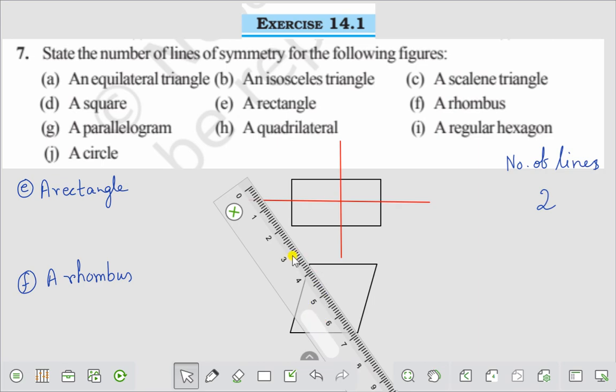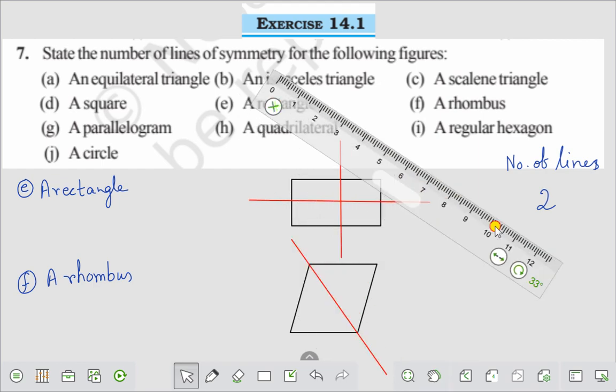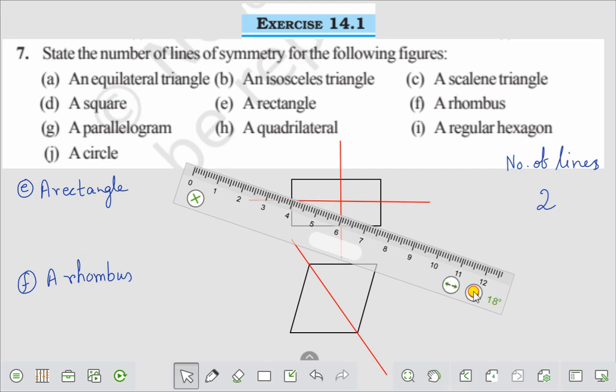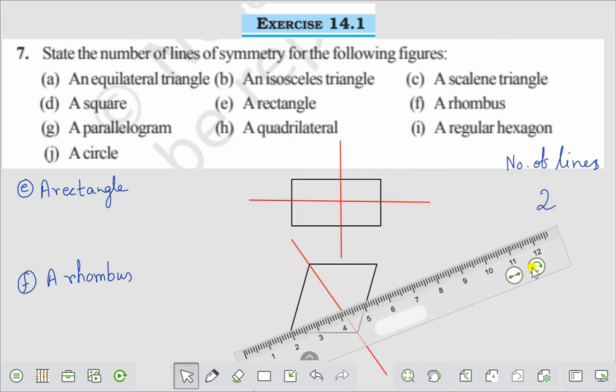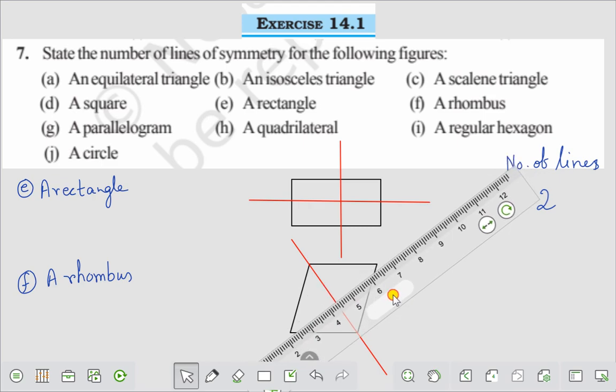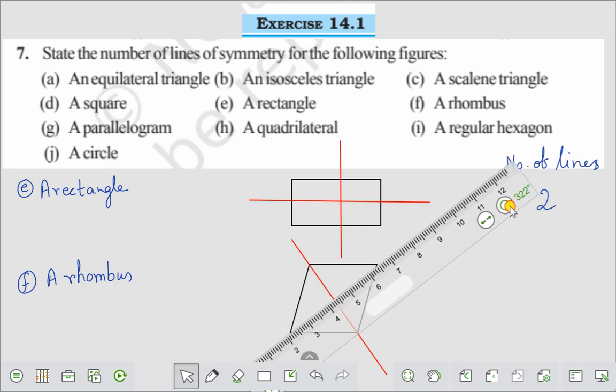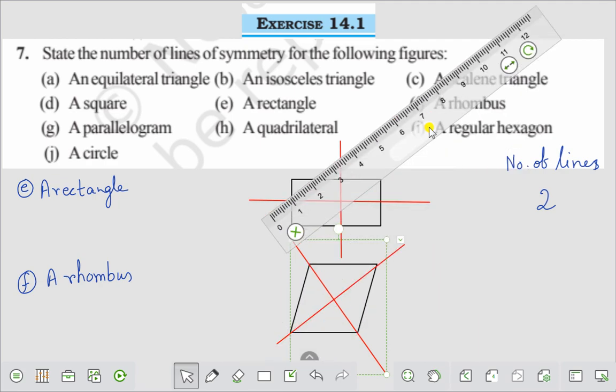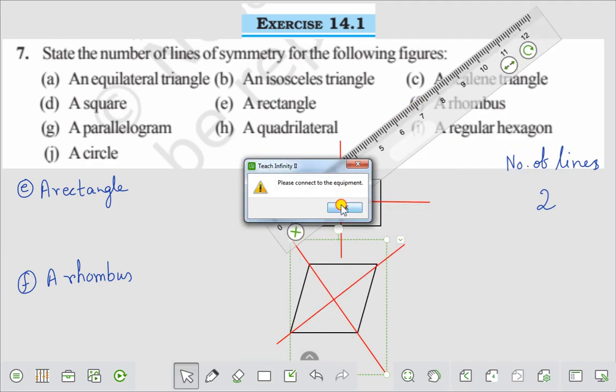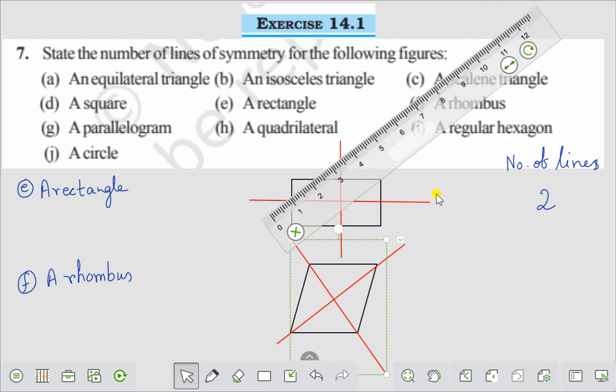This is one diagonal, and there is another diagonal also, like this. There are 2 diagonals here, that is, the number of lines of symmetry is 2. In case of a rhombus, the lines of symmetry is 2, right?